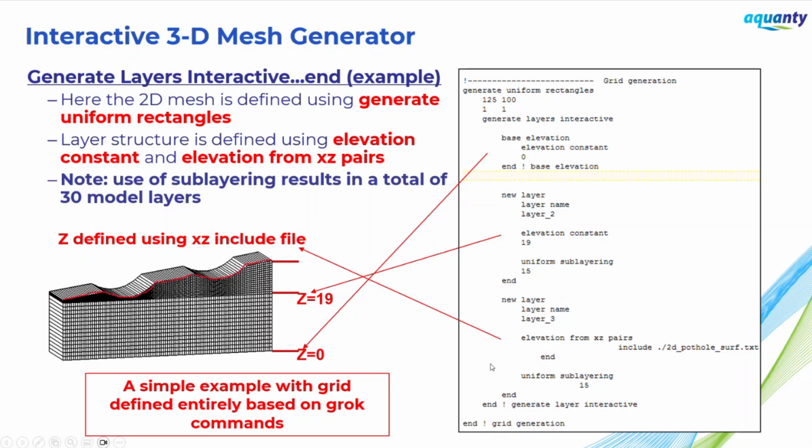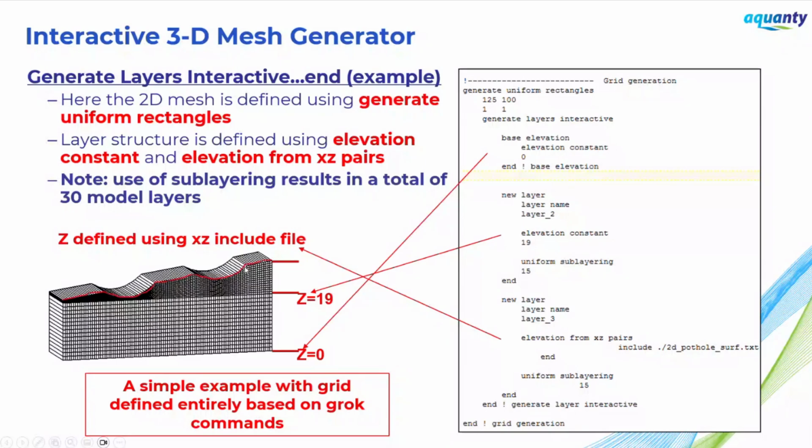The second overall unit or section of sublayers is defined using a command called elevation from XZ pairs. And so we then have an include command which basically points to a different text file, and this text file here would simply contain a series of XZ pairs. You know, at x equals 0, z equals 25. At x equals 10, z equals 22.5.